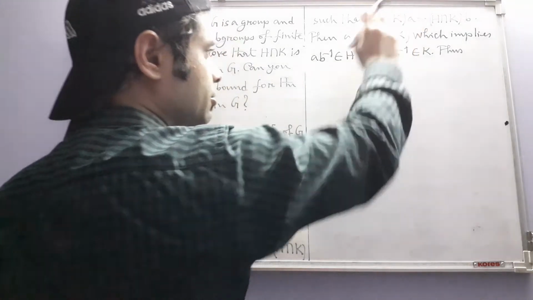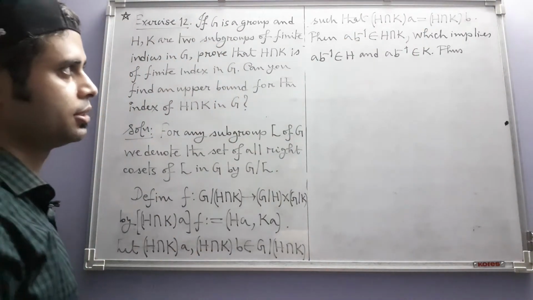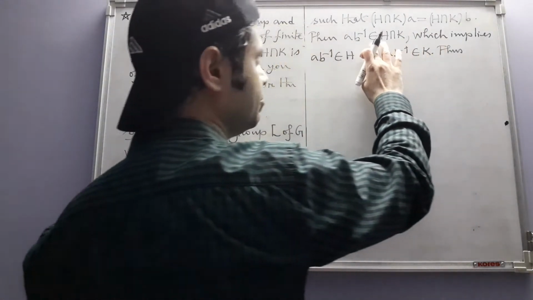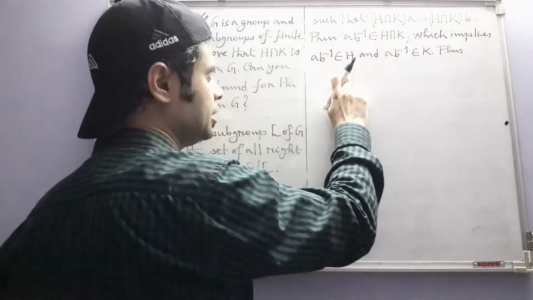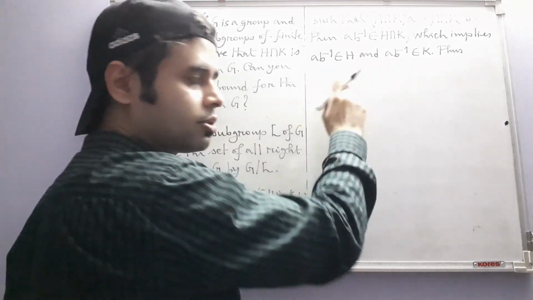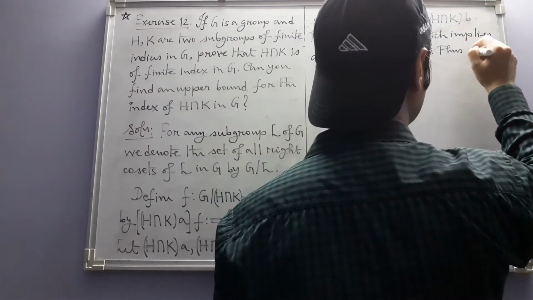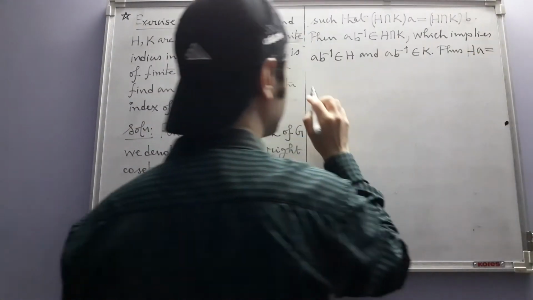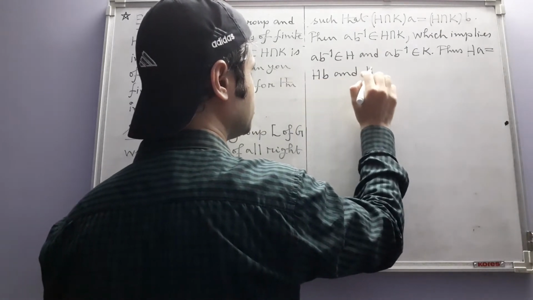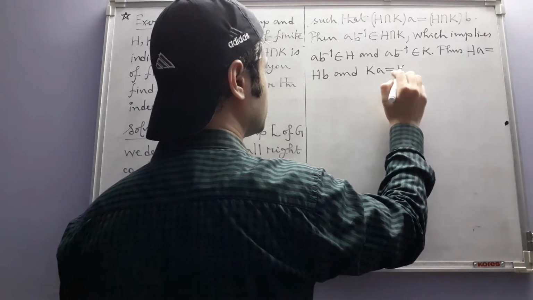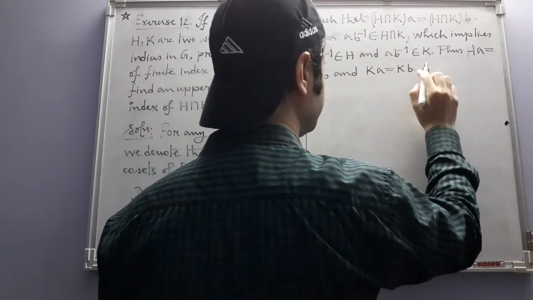From here also we can conclude that one. It's an equivalent condition. This happens if and only if this happens. Thus, from this one we can conclude that HA is equal to HB, and KA is equal to KB.